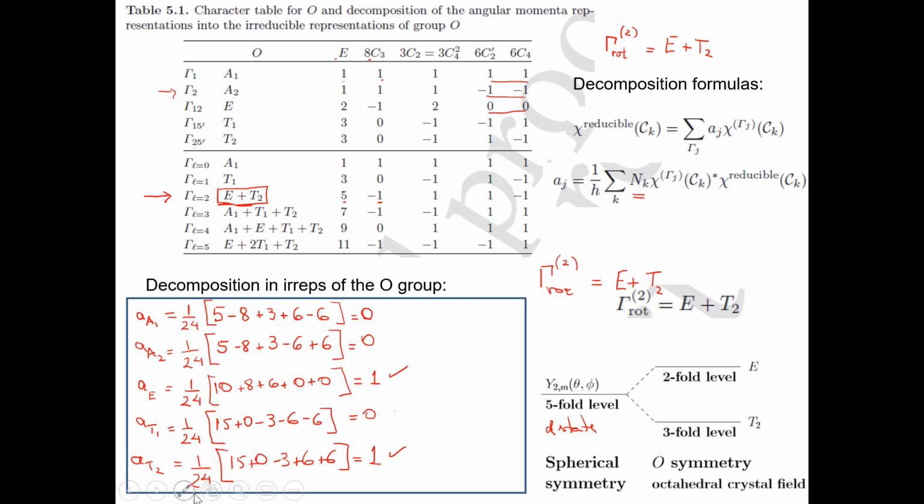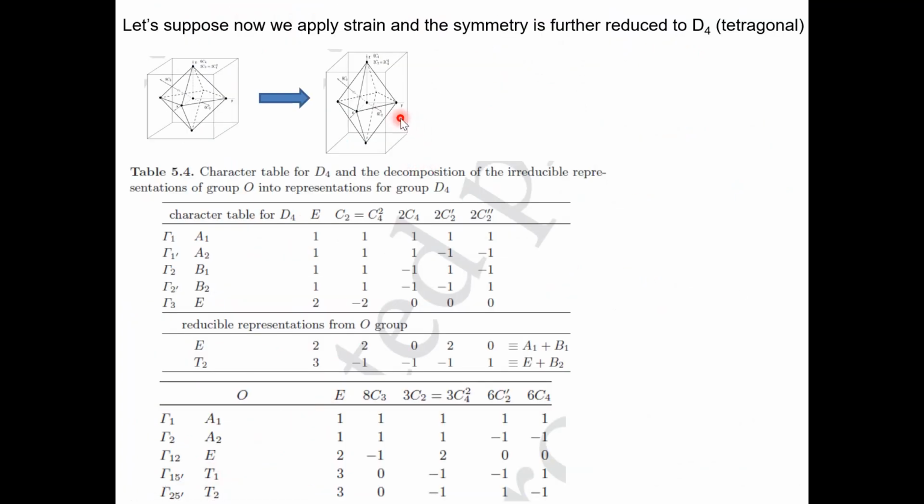All right, very nice. So let's do one more case. Let's suppose now that we apply strain and the symmetry is reduced a little more to tetragonal symmetry, the D4 group. Okay, so that's the idea.